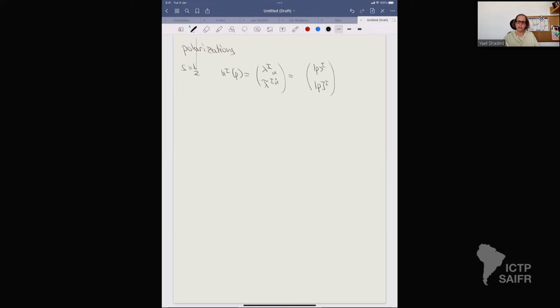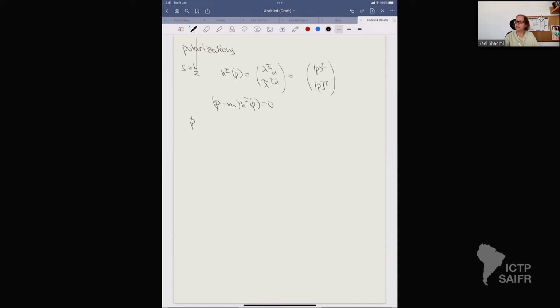And this Dirac spinor satisfies the Dirac equation. So we have that (p slash minus m) times u_I(p) equals 0. And that tells you that the 2 spinors go into each other once we multiply them by p slash.